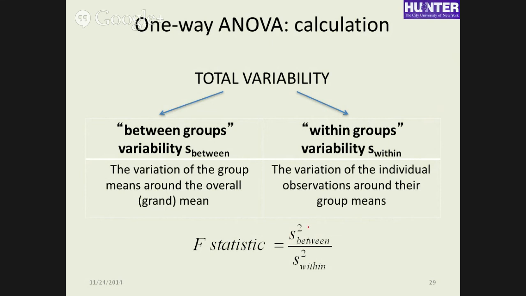So if you have a big difference between the groups and little variability within them, you're going to get a large value for F. And this is a one-tailed test because any way that the difference occurs will result in an increase in the F statistic. You can never have a negative F statistic, and you don't even get values very close to 0, because if you have within group variability, you should have a comparable amount of between group variability, even under the null hypothesis.